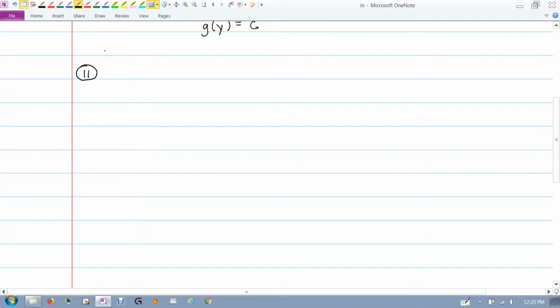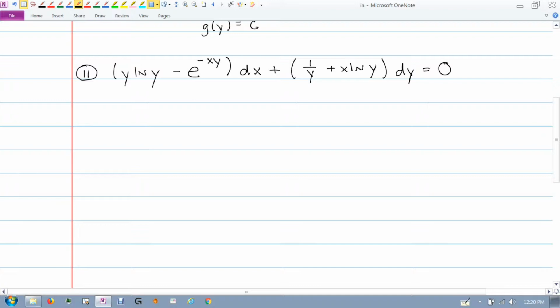Okay, y natural log y minus e to the negative xy dx plus 1 over y plus x natural log y dy equals 0.